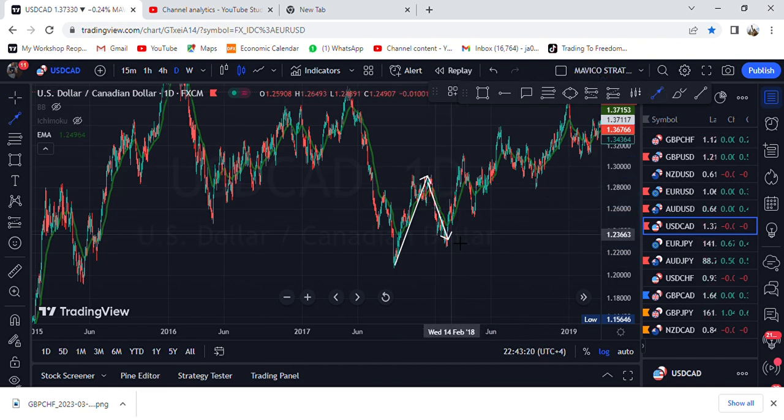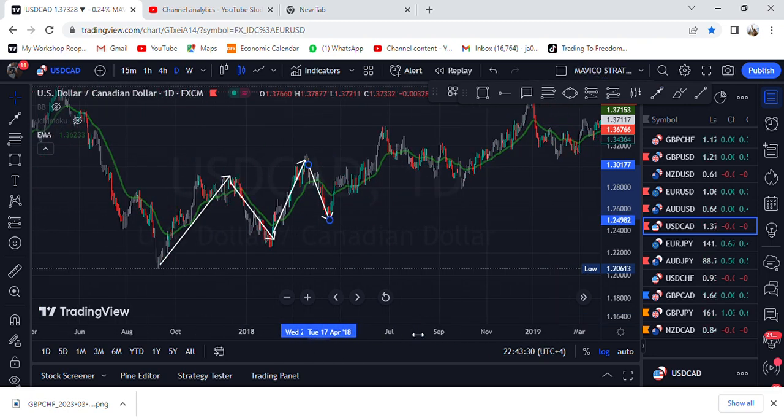And usually when it forms like this, there are two scenarios here. Always it happens. When it forms like this and it's at this level, there are two scenarios that can happen.